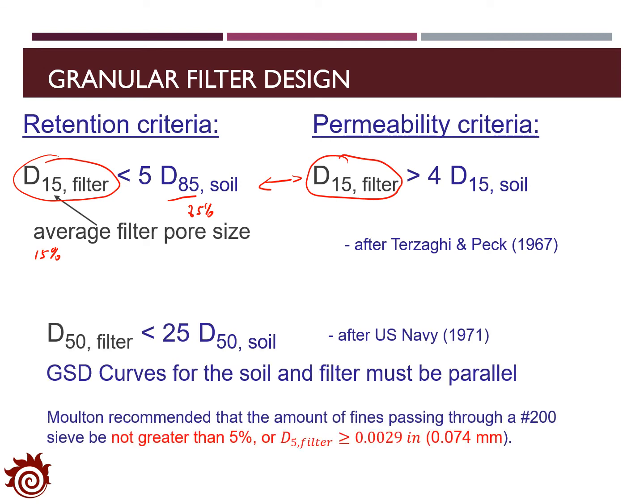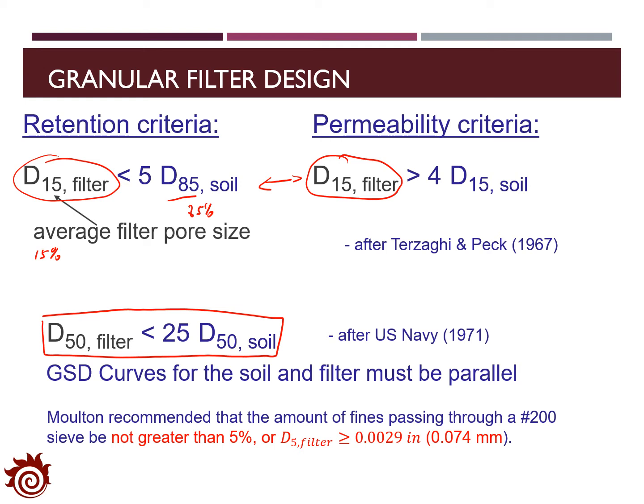Also, for some design of the granular filter, the grain size distribution curve for the soil and the filter must be parallel. In that sense, we need to introduce an additional condition. D50 filter should be less than 25 times D50 soil.